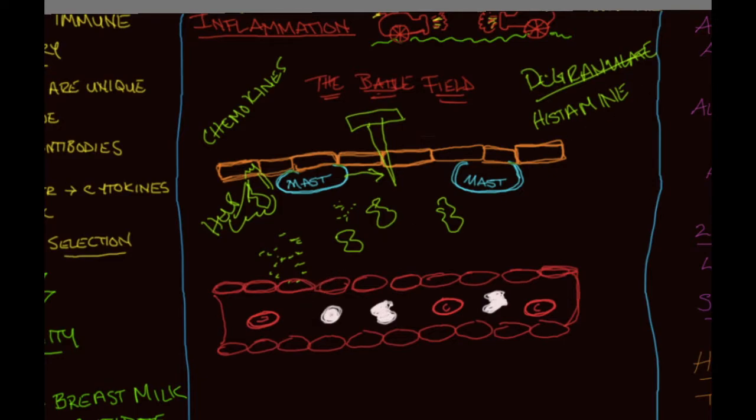So all of a sudden our nice tight capillary is going to start to move outward. It's going to start to separate and swell. So we're going to start moving outward like so. These will go away, and we'll start getting these cells to separate.